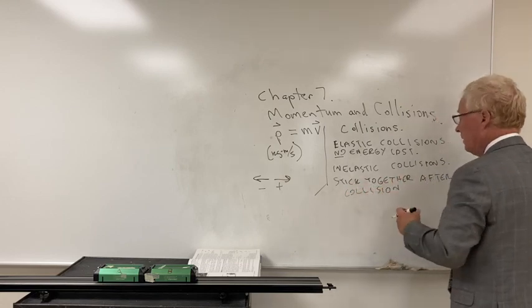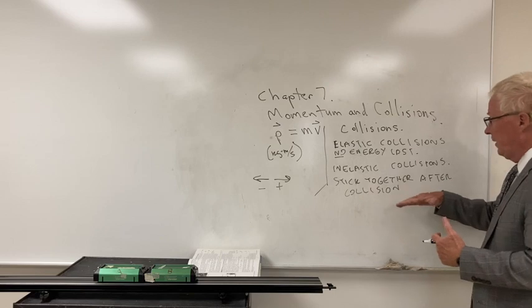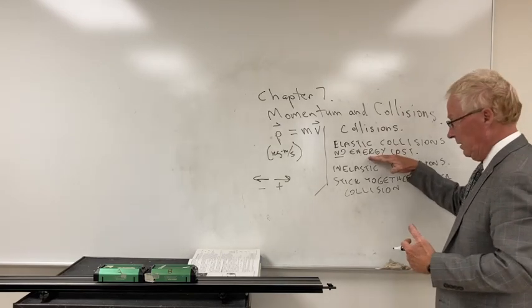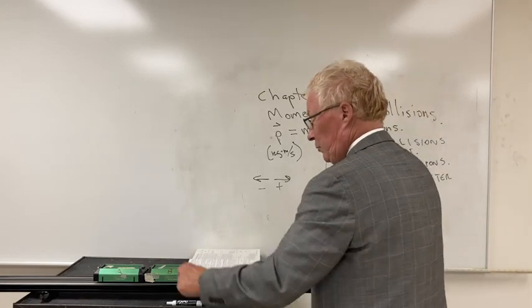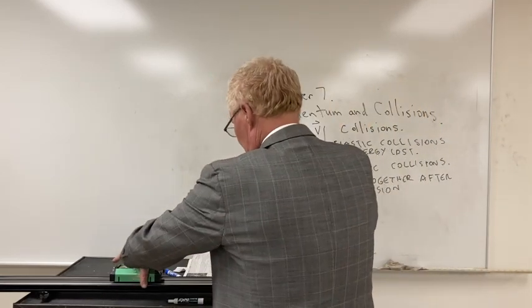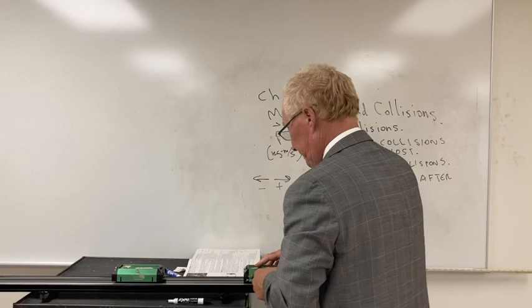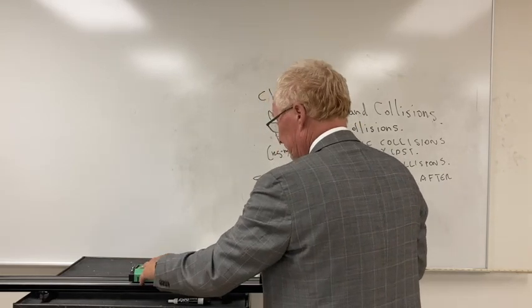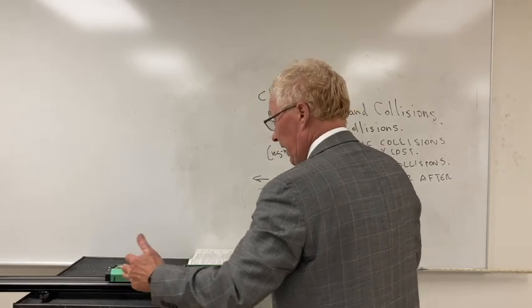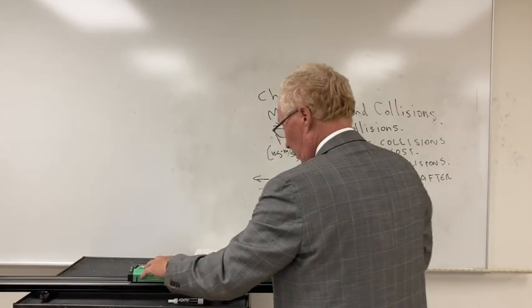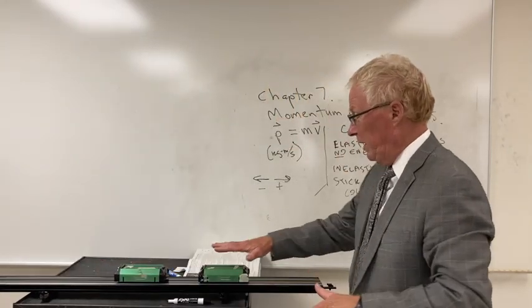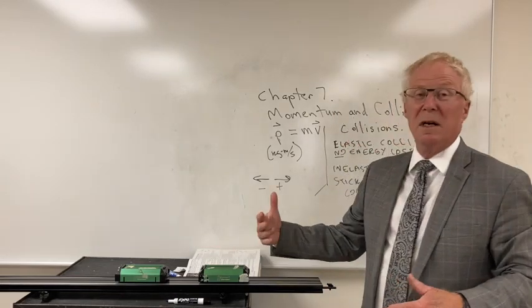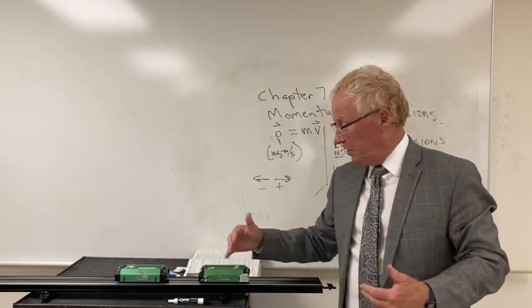Now obviously there are other cases, so these are extremes: totally elastic collision and completely inelastic. Now we can do something in between, where it does something like that, and this one keeps going. In this case, we have somewhere in between the two, but that's beyond the scope of this class.